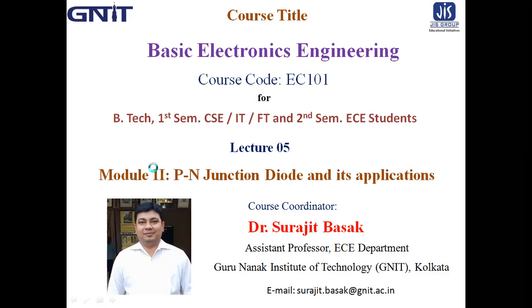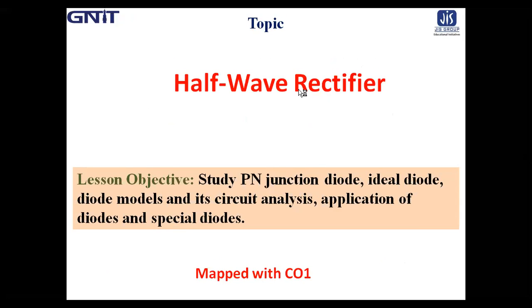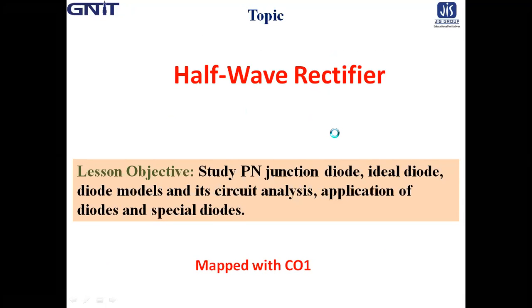from module 2, that is PN junction diode and its applications, with the topic of half-wave rectifier. The lesson objective of this topic is to study PN junction diode, ideal diode, diode models and its circuit analysis, application of diodes and special diodes.